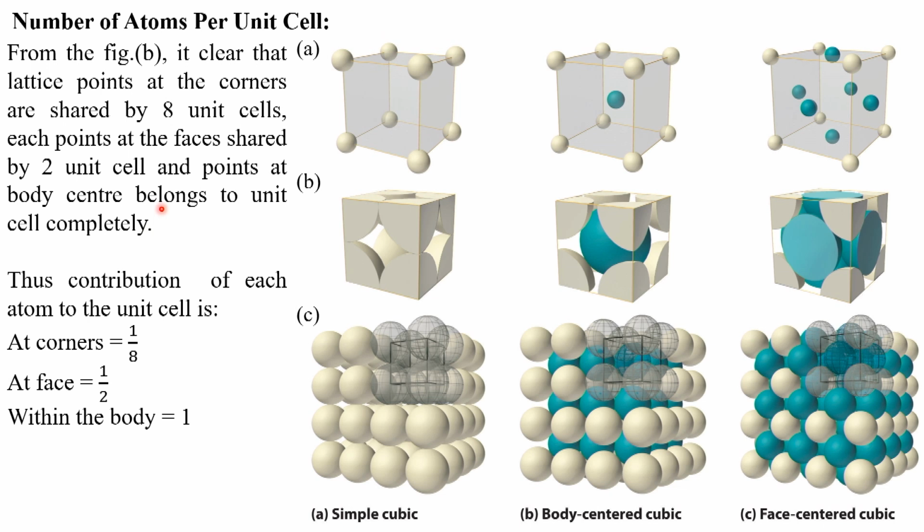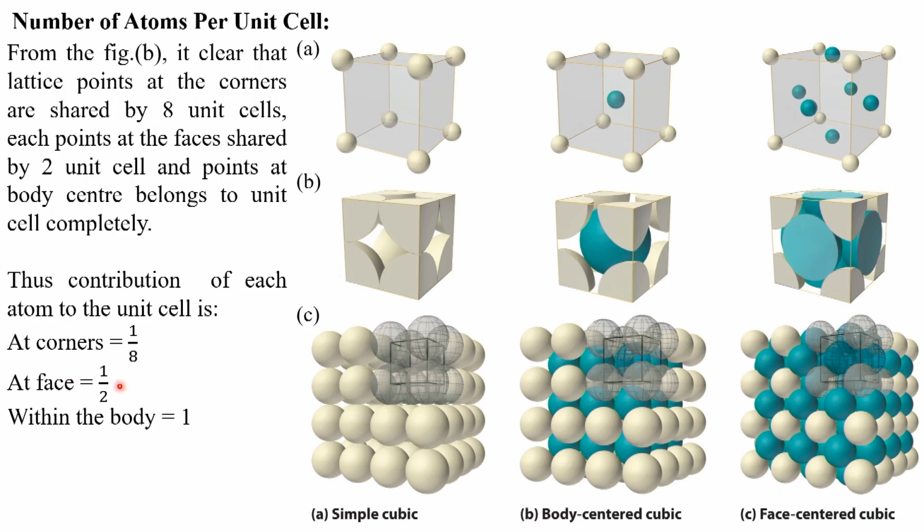Thus the contribution of each atom to the unit cell is at corners 1/8, because all 8 corners are occupied, and at faces 1/2, because each point at a face is shared by 2 unit cells. So these are the faces, and each face is shared by 2 unit cells.